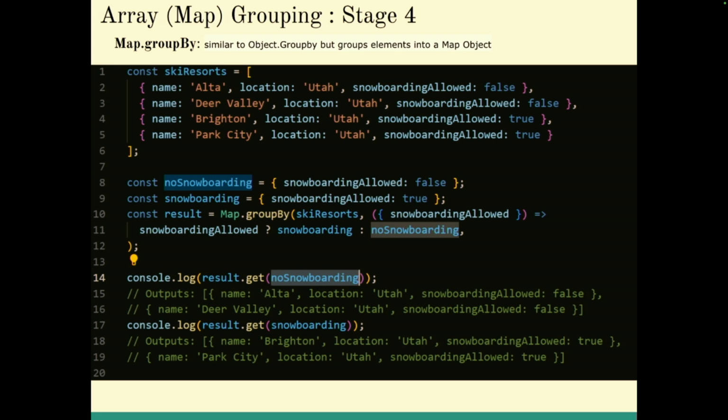If we now call this API in line 10, Map.groupBy, we can send it the ski resorts and the callback checking whether snowboarding is allowed, and that will group it into a Map object based on whether or not the callback is true. Then you would get the following outputs in lines 14 and 15. For no snowboarding, you would get the elements that you expect there, and then the opposite, if you will, in line 17.